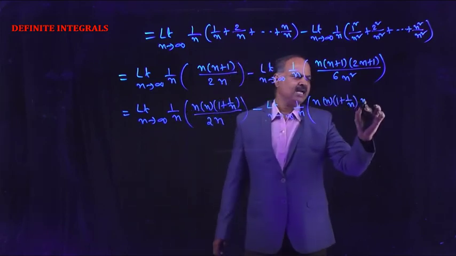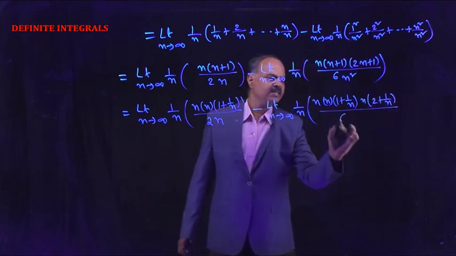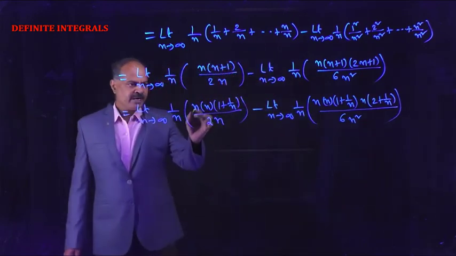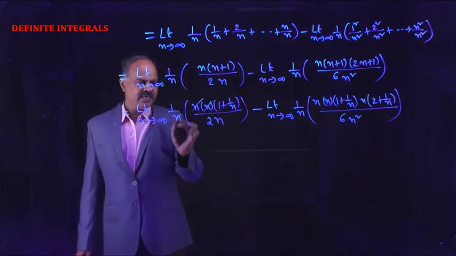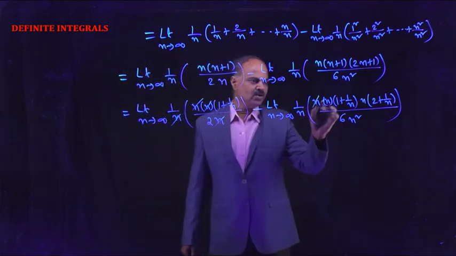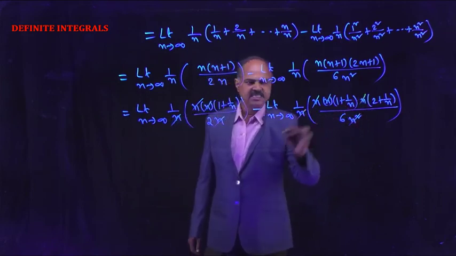Here n is common. Here 2 plus 1 by n by 6n square. So here in the numerator n into n square, in the denominator that n square gets cancelled. So here also n into n square and this n square gets cancelled. Here this n and this n get cancelled.